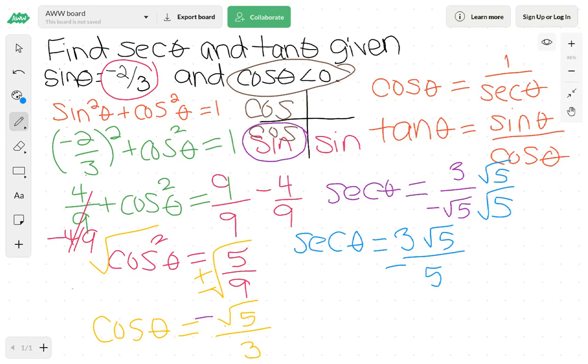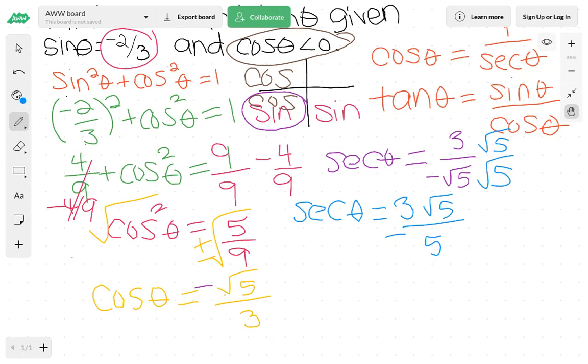Then finally, I want to get my tangent. And I know that my tangent is going to be my sine divided by my cosine. So I'm going to set that up for myself. So tangent. My sine is negative 2/3 over my cosine, which is negative square root 5 over 3.